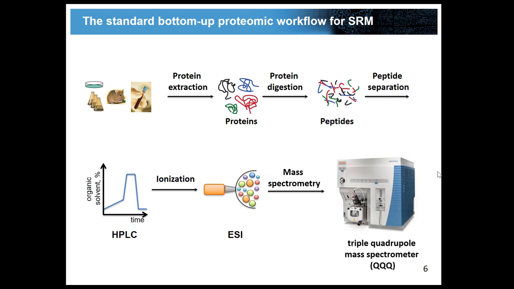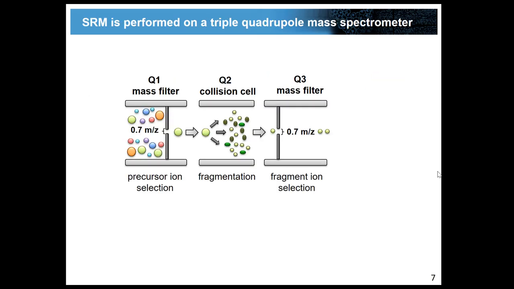And if you perform an SRM experiment, then the mass spectrometer that you will work with is a triple quadrupole mass spectrometer. And as this name already suggests, triple quadrupole mass spectrometers consist of 3 quadrupoles. The first and the third quadrupole are both used as mass filters, while the second quadrupole serves as the collision cell.